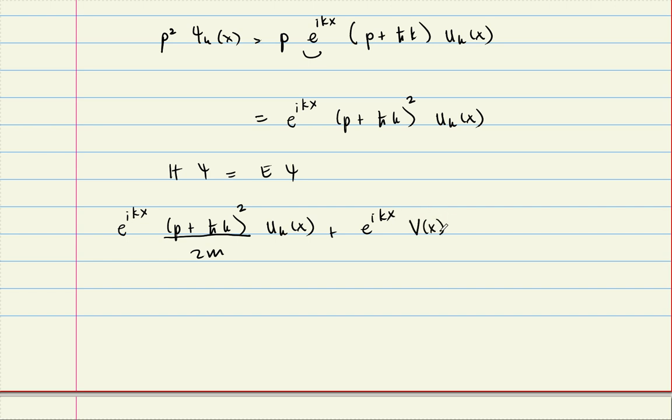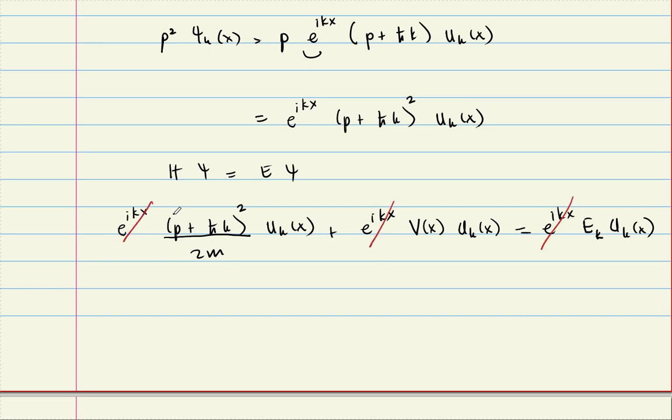psi is e to the i kx u k of x, with energy e of k. I leave the band index implicit. Now this e to the i k x did its job, and we say thank you and we just delete it.